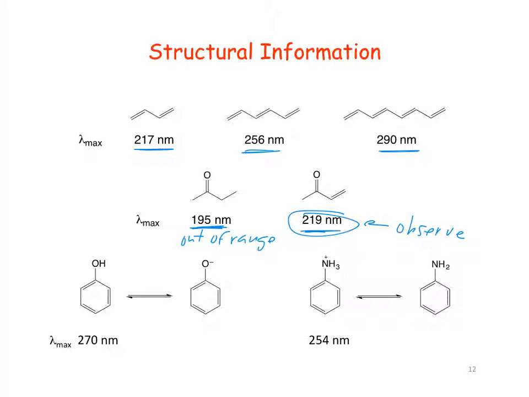Right? So if you were looking at a bunch of data trying to come up with a structure, and one of the pieces of information you were given was the UV-visible spectrum, and it said that the absorbance was at 220 nanometers, right? These are not always exact, so it's about 219.